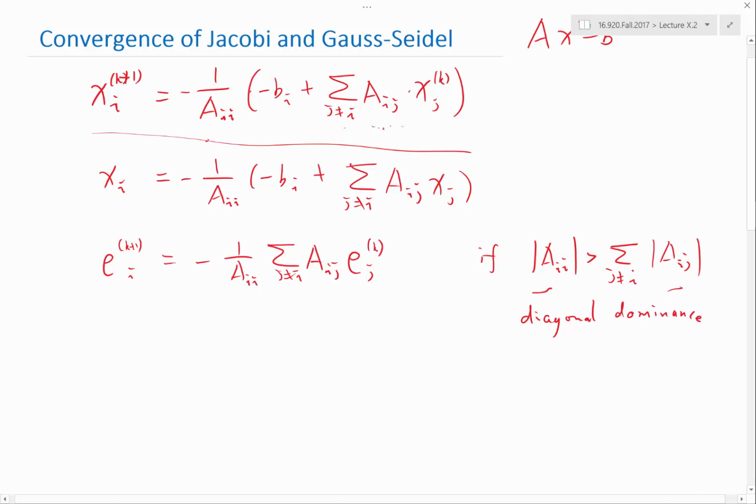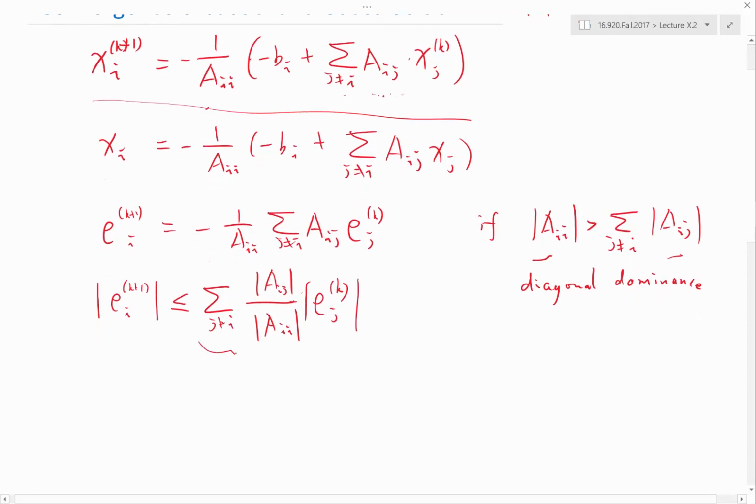Then we can see that the absolute value of e_i^(k+1) is less than or equal to the summation over j not equal to i of the absolute value of a_ij divided by the absolute value of a_ii, times the absolute value of e_j^k. So this is a summation with weights that sum up to less than 1.